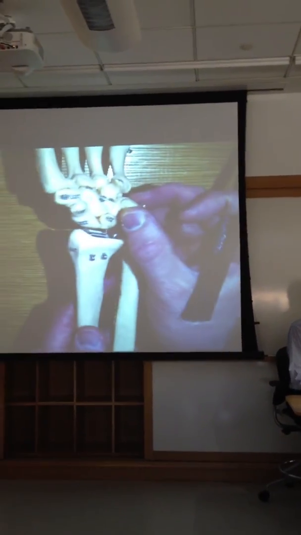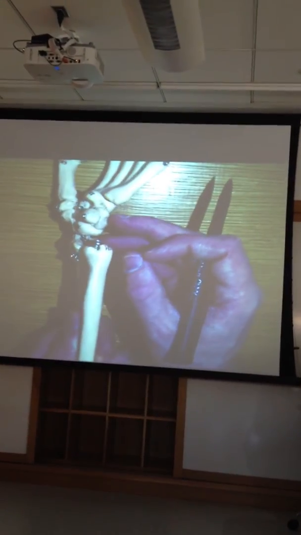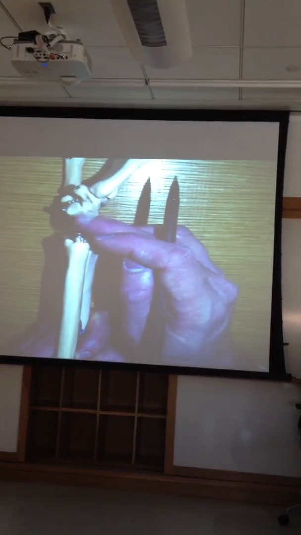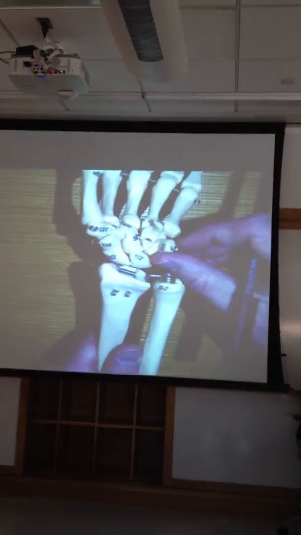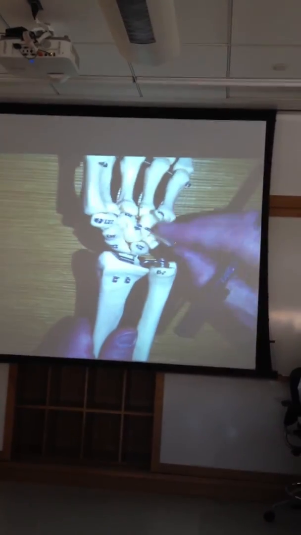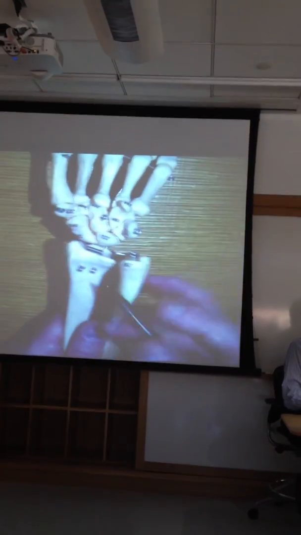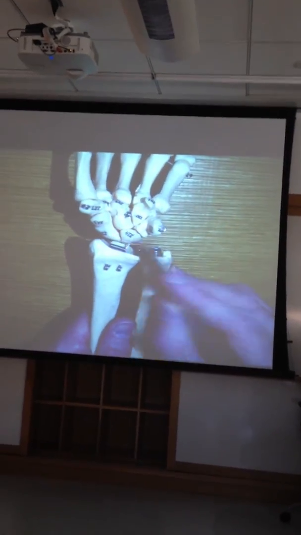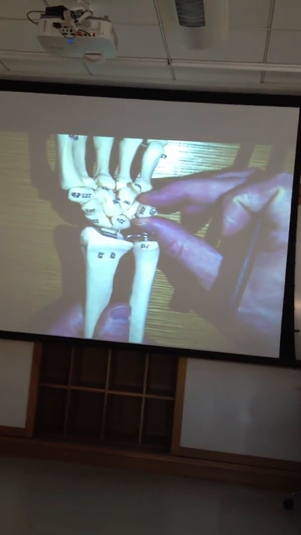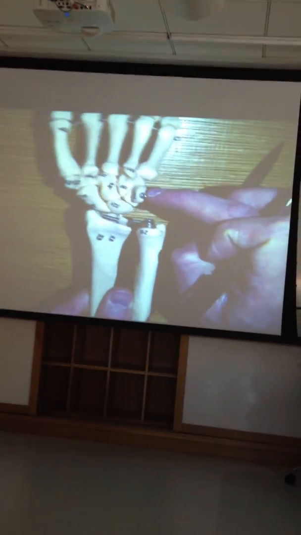These are two separate bones on these models because they're made out of plastic. Some models fuse them to save money, but on this one they made a separate bone. So scaphoid, lunate, triquetrum is back there, and this little guy sitting on top is the pisiform. That's the four in your proximal row.